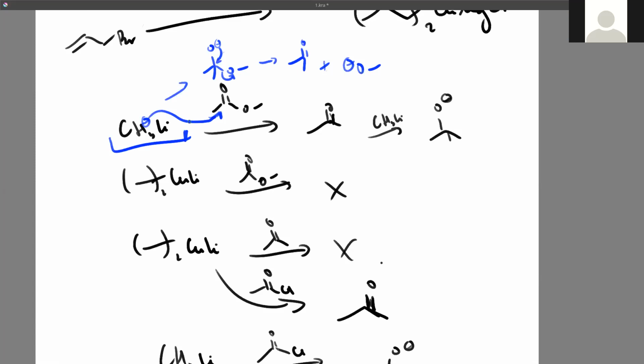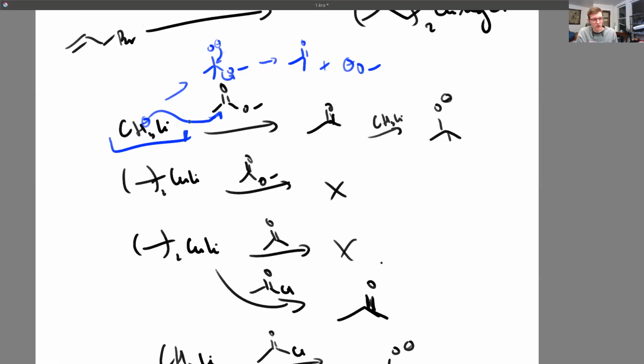Why is the lithium capable of that, but the sodium borohydride isn't? So I guess it comes down to the fact that sodium borohydride is a milder reagent. It's weaker.